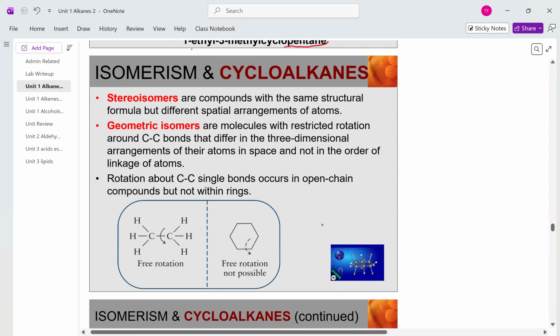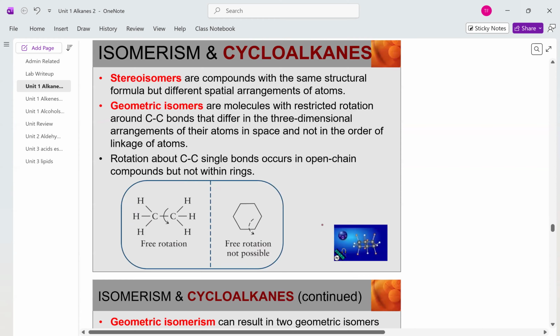Now, we talked about Monday that single bonds can rotate. They can rotate except in a ring situation or a cyclic situation. Then it's rigid.